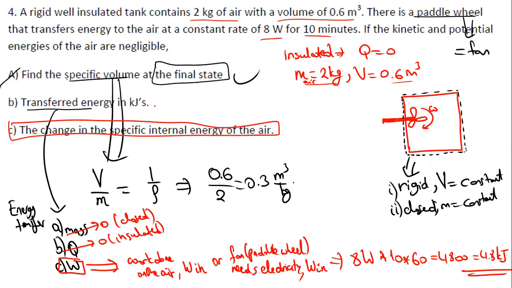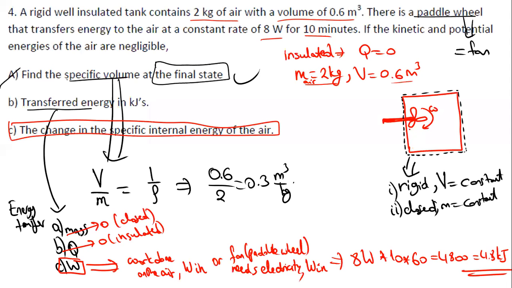Let's do that. For the last part, I will rewrite the first law of thermodynamics. The first law of thermodynamics, if you remember, says the change of energy of the system. For our case, it is air. So the air is inside this tank. The change of the system energy of the air will be equal to the total in, which is the mass in.